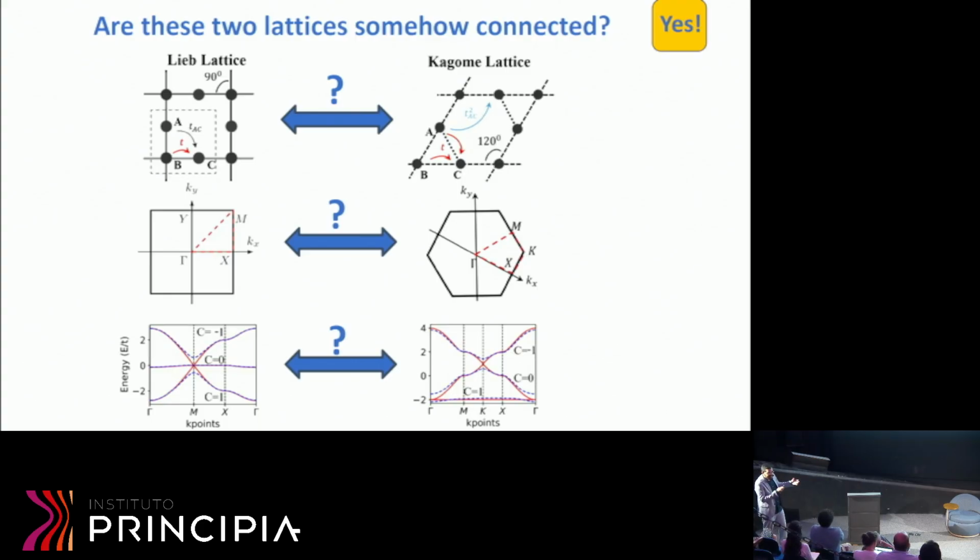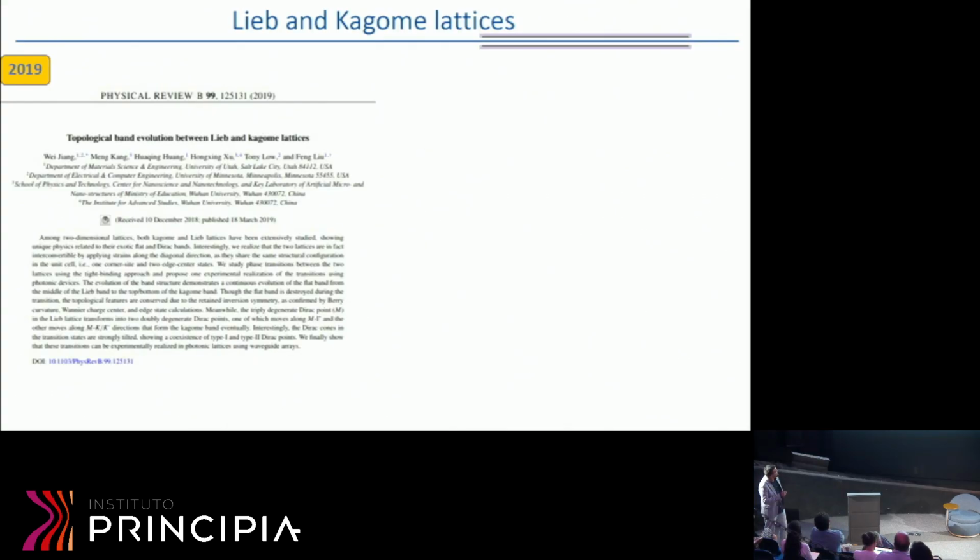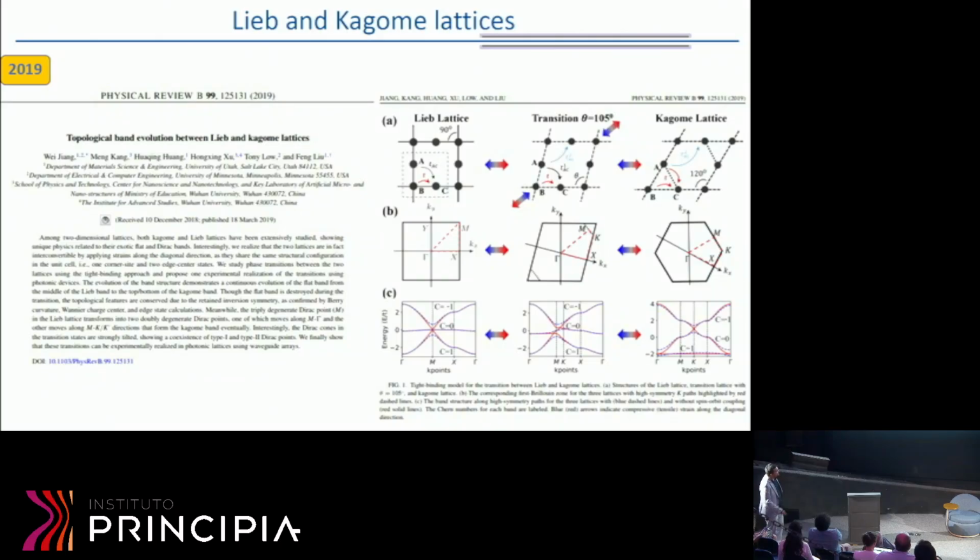It was shown in 2019 by the group of Professor Tony Lowe, with a postdoc at the time, based on group theory, that these two lattices are interconvertible. It means that if you apply some diagonal deformation, you can map all the evolutionary stages between Lieb and Kagome.